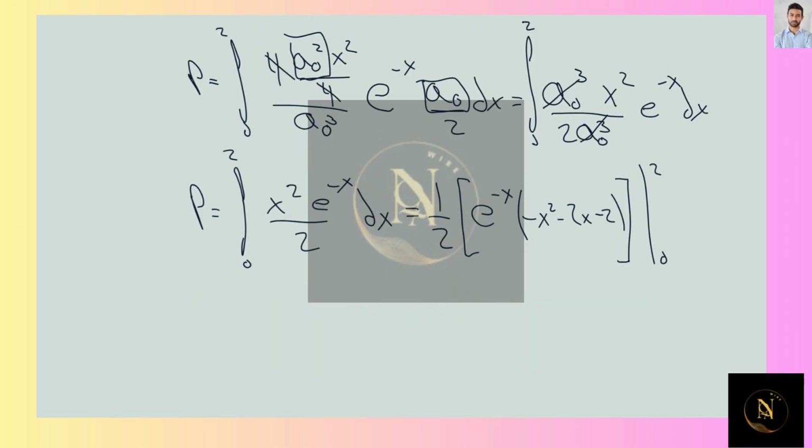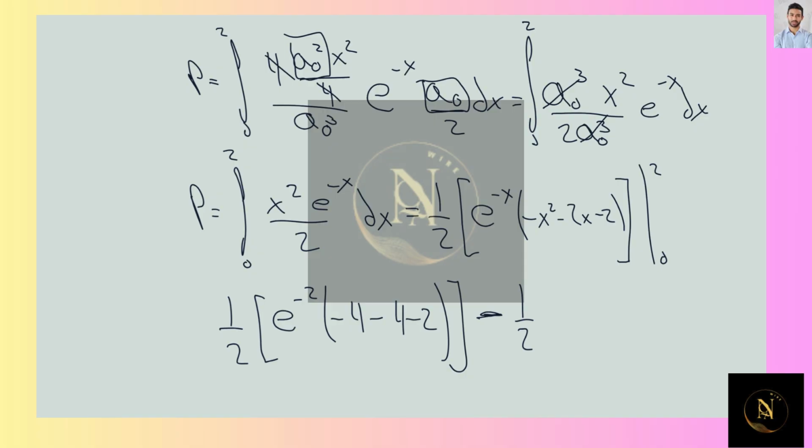So now the only thing that we need to do is replace the values for 2 and 0. So this is equal to 1/2 e to the minus 2 times minus x squared, so this is minus 4, minus 2 times 2, which is 4, minus 2, minus the value at 0.